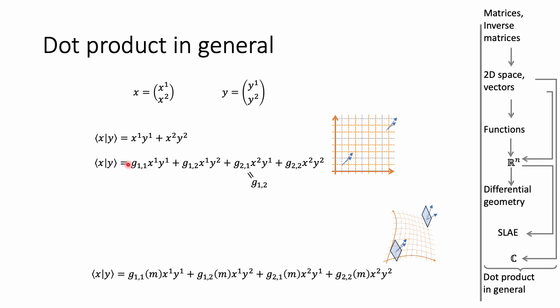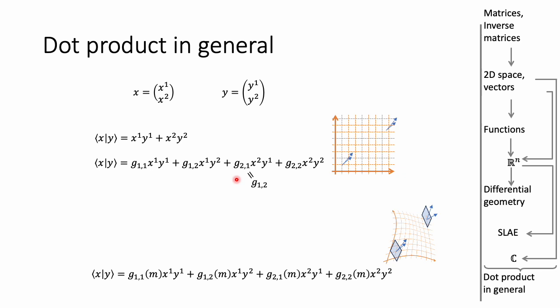There are some constraints on g's. I'm not going to really discuss it. They should not be arbitrary. First of all, they should be symmetric with respect to the order of sub-indices, but also some other features must be satisfied.